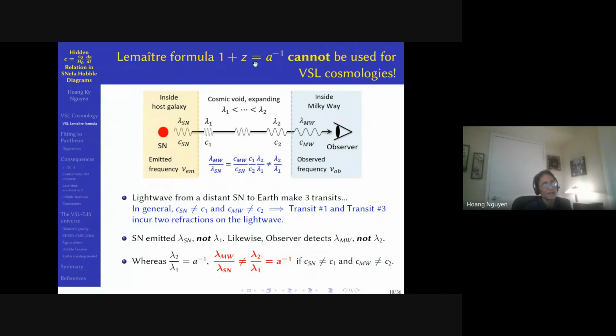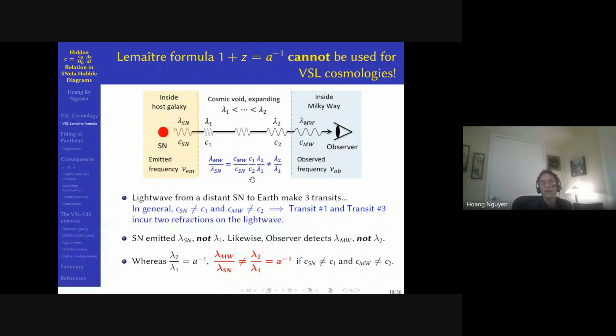And so that's why the Lemaitre formula doesn't hold anymore. Okay? And you see from here the general formula. Now, if lambda Milky Way and lambda Sn are equal to each other, because we say that the galaxy does not expand, and so if they are stable, then you have this extra term C1 per C2.